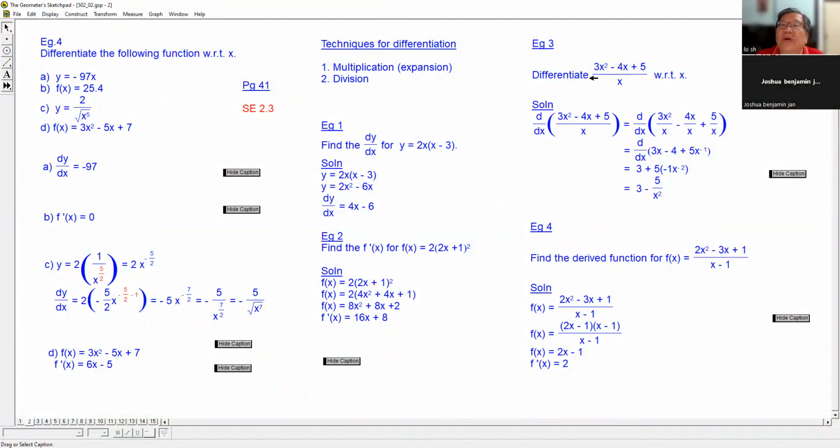What you can do is you divide term by term, until finally you have one term, one term, one term. You differentiate one by one.